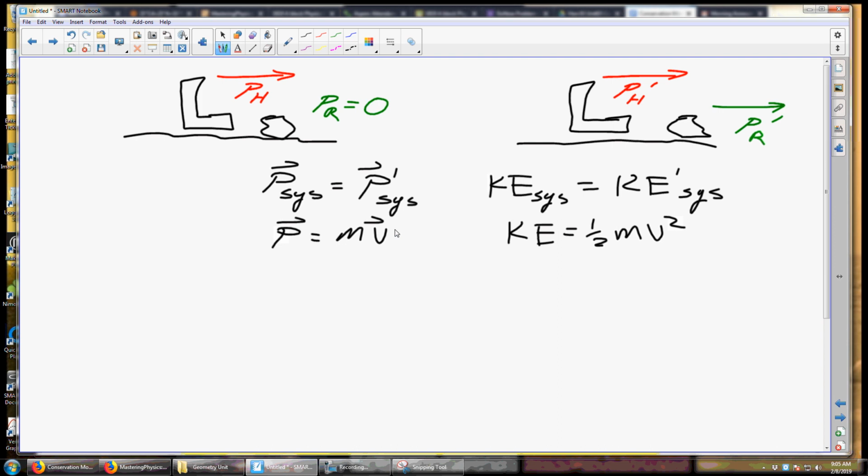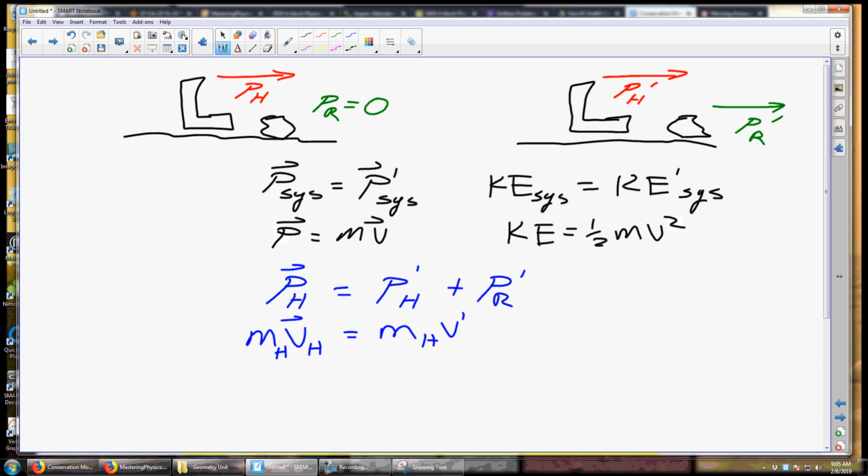So, momentum of H equals momentum prime of H. Since we've just done one like this, I'm kind of truncating my steps a little bit. Mass, initial velocity of H, equals mass of H, velocity prime of H, plus mass of the rock, velocity of the rock prime.